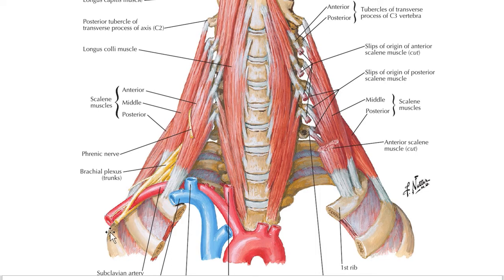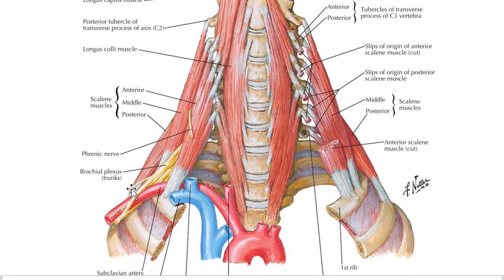The brachial plexus is going to supply the muscles of the upper limb. It results from the C5, 6, 7, 8, T1 root values. They enter beneath the clavicle bone into the axilla, and from the axilla they form nerves: the axillary nerve, radial nerve, ulnar nerve, median nerve.